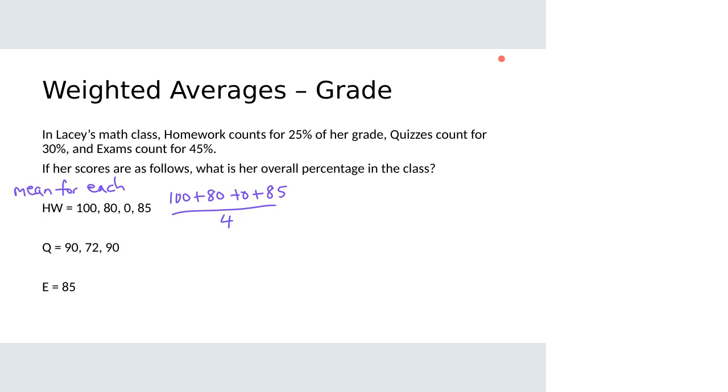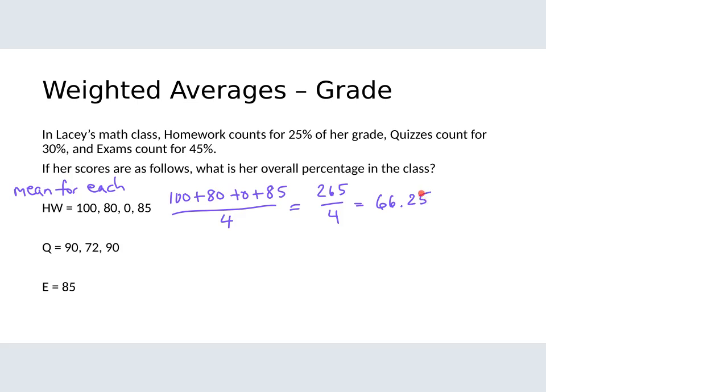So 100 plus 80 plus 0 plus 85 divided by 4, because she has 4 scores. And when we do that, we have 265 total points divided by 4. Her mean homework score is 66.25.